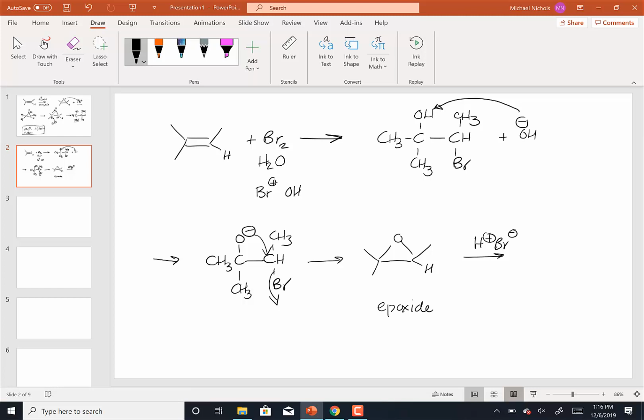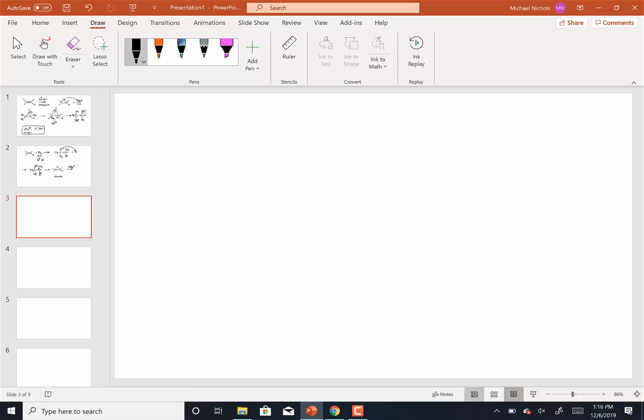So oxidative cleavage then is when you're going to cleave the double bond and convert them to carbonyls, either ketones, aldehydes, or carboxylic acids. So if I took this molecule and I wanted to do oxidative cleavage, I have 3 different reagents that I can use for this.